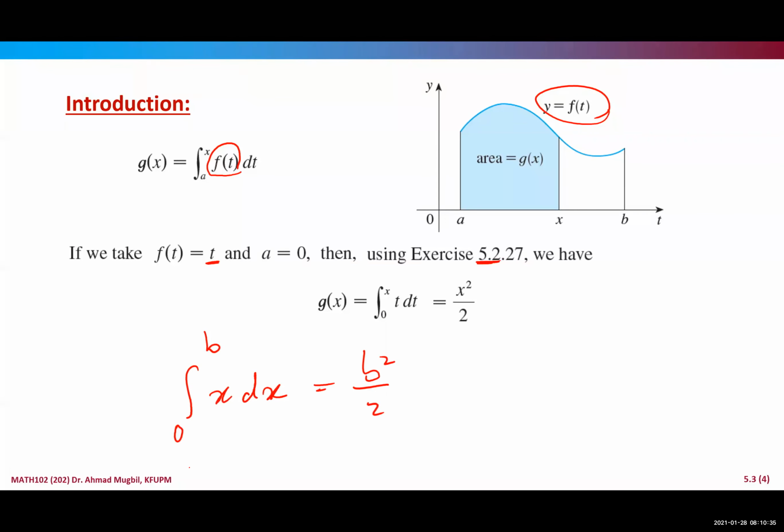Now if it is up to x, it will not be suitable to have the same variable here, so we just change this x to be t dt. Otherwise it is the same.